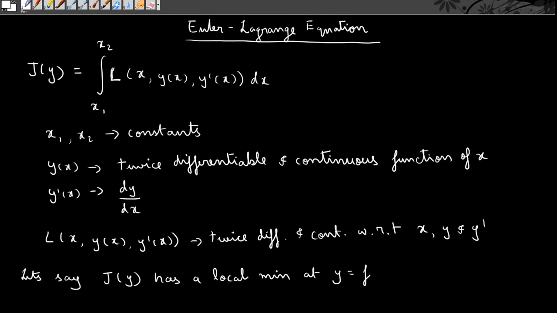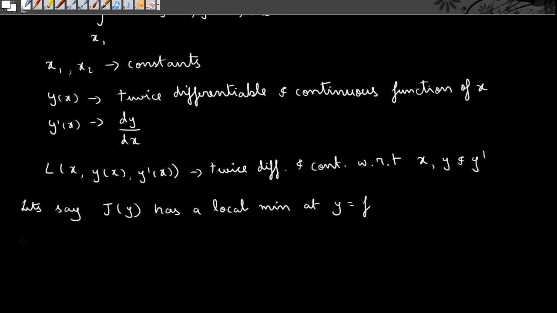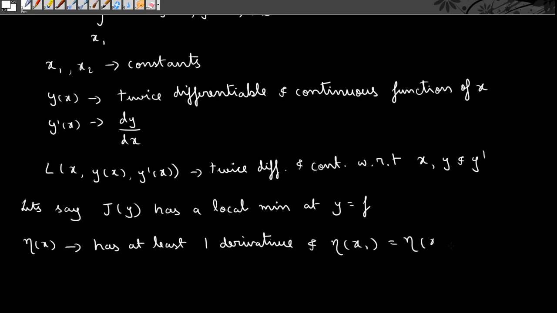Also, I am going to define another function called eta of x, which has at least one derivative, or you can differentiate it at least once, and eta of x1 equal to eta of x2 equal to 0.